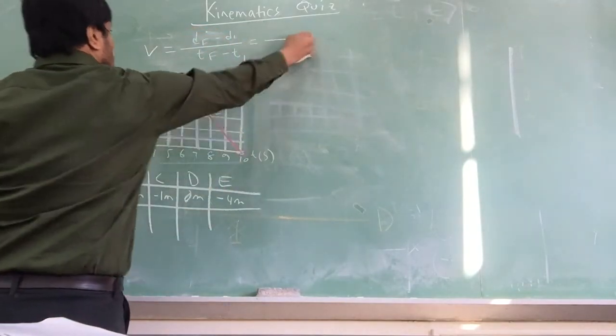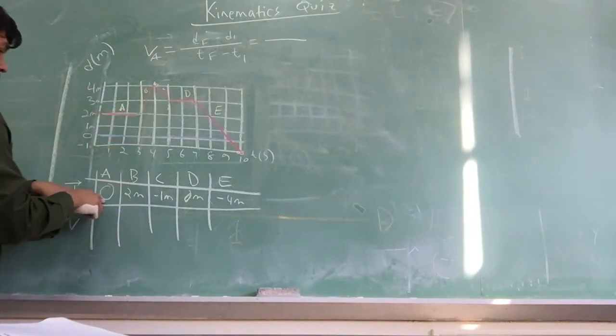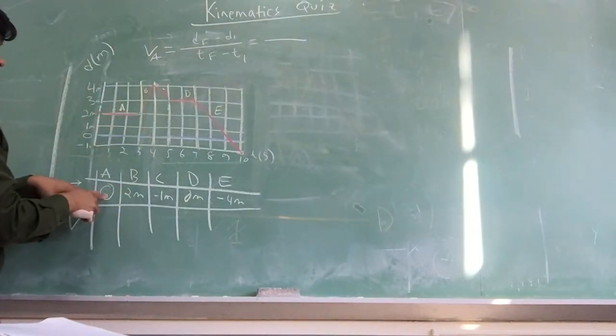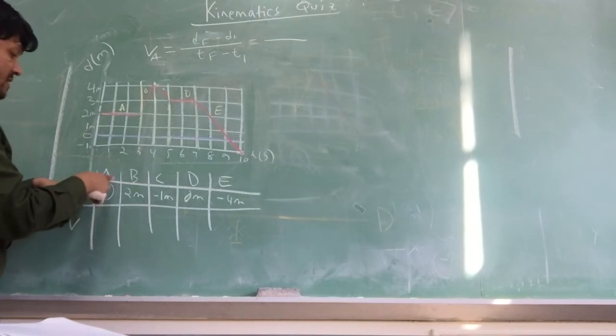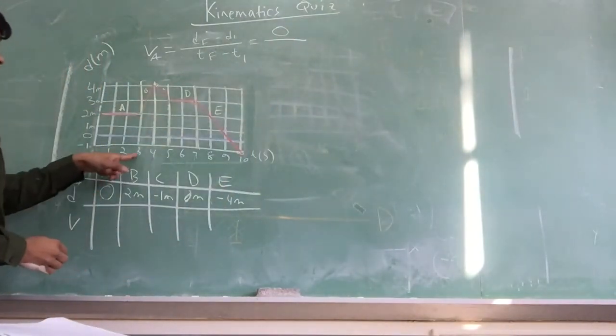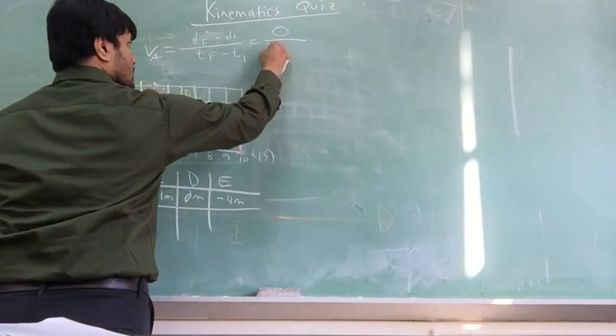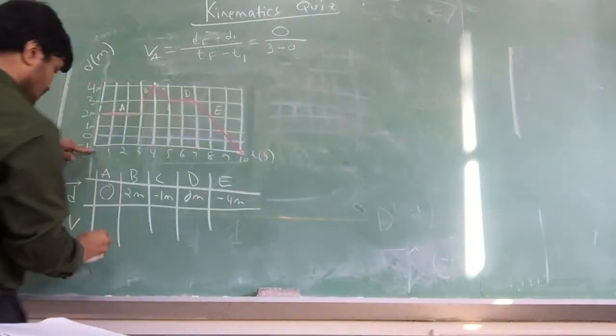So velocity in section A is delta d, which we already found is 0, over 3 minus 0. So velocity is 0.